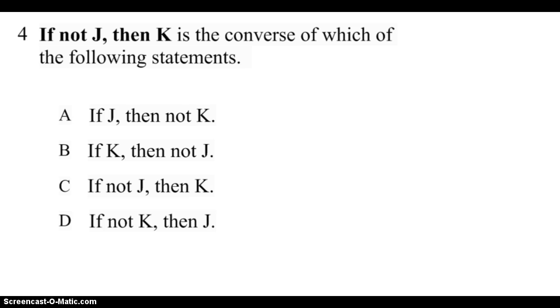If the original conditional is if not J, then K, which one would be the converse? Remember, here's the hypothesis, here's the conclusion. If I just switch these, it would be if K, then not J, so B again.